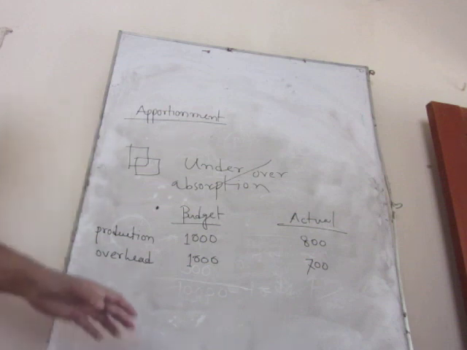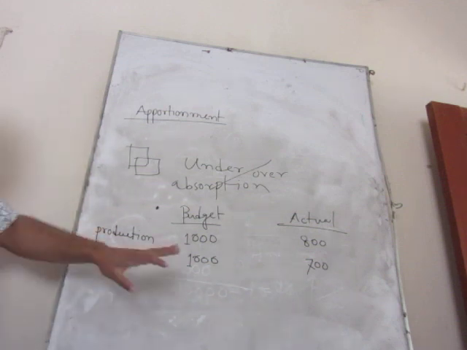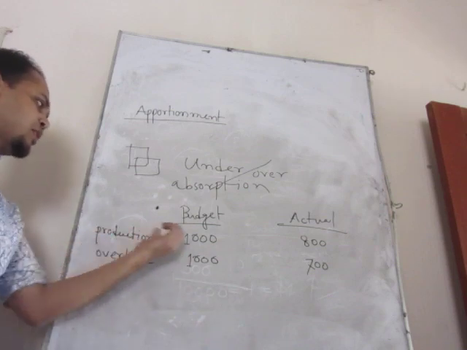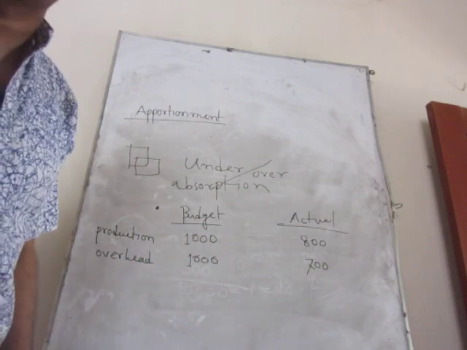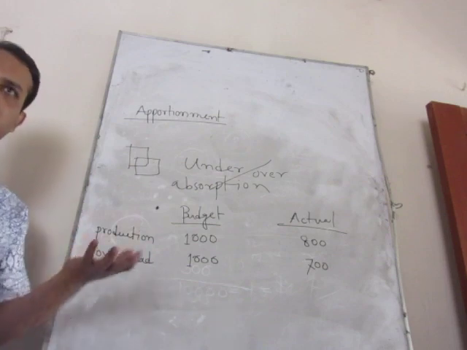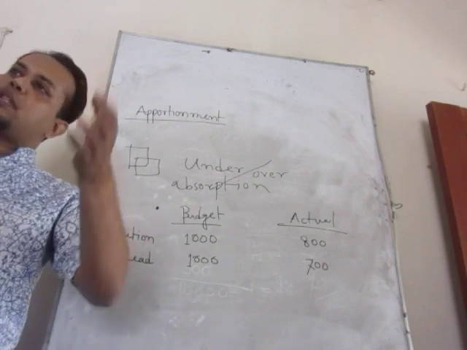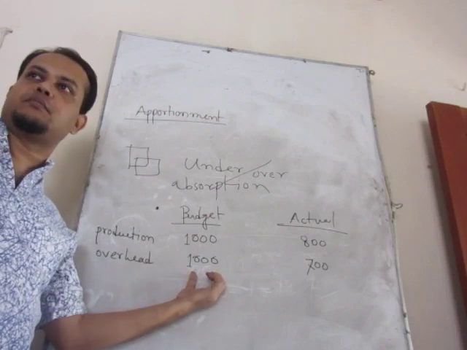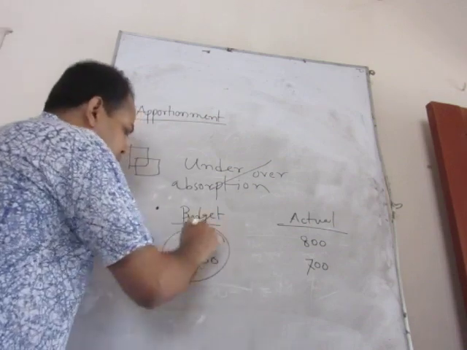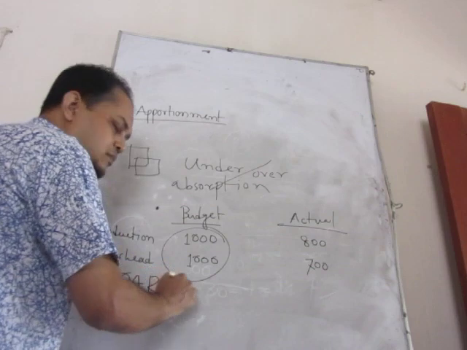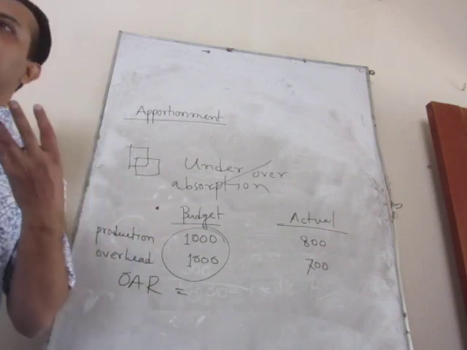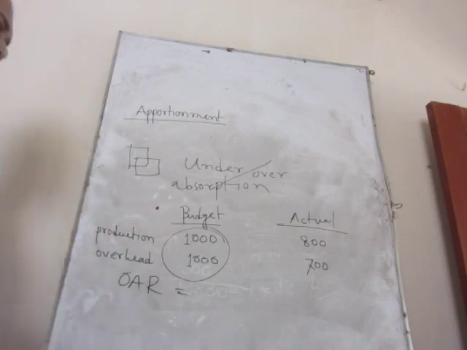Suppose the example is just like this one. Initially budget, that is your production should be 1000 of these kinds of pen. You produce 1000 pen. This is budget. And to produce these 1000 pens, you are also forecasting that your overhead should be 1000. So by using this, you can find out the rate. We have discussed that the rate means budget overhead divided by budgeted activity, whatever the activity you have provided.